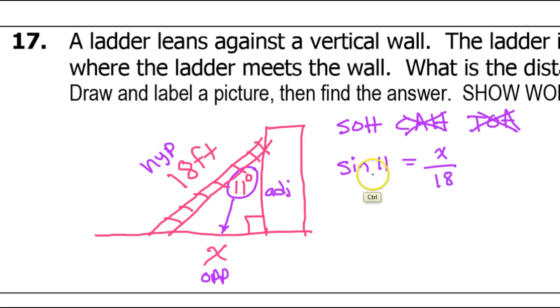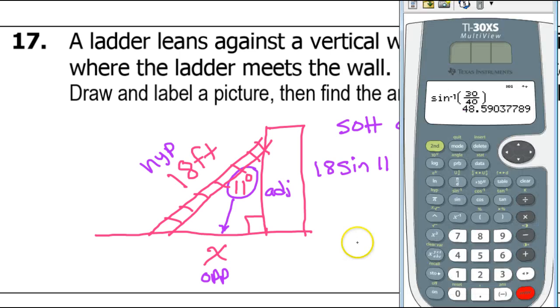Alright, we're back to that first example that we did where the variable is in the numerator. When the variable is in the numerator, that is when you multiply. So I'm just going to multiply both sides by 18. That gets x by itself. And then you just put this in your calculator. You go 18 sine 11.